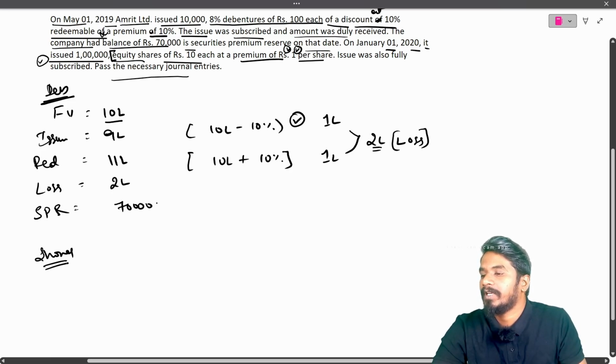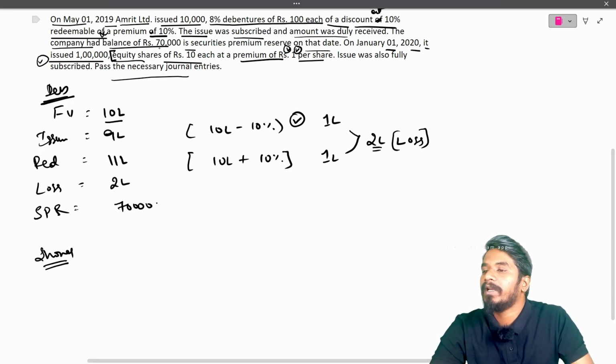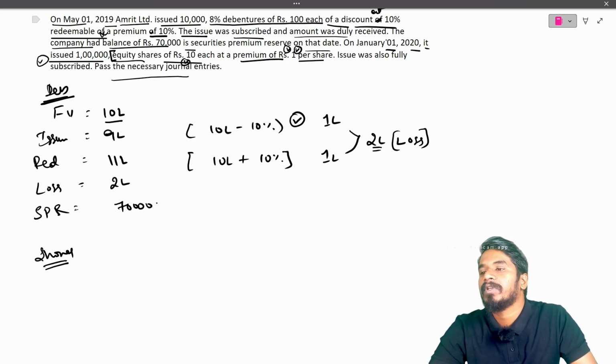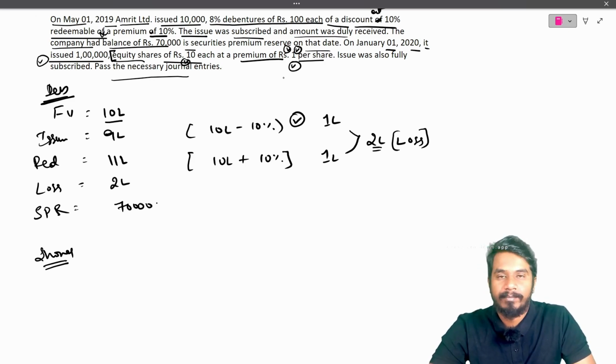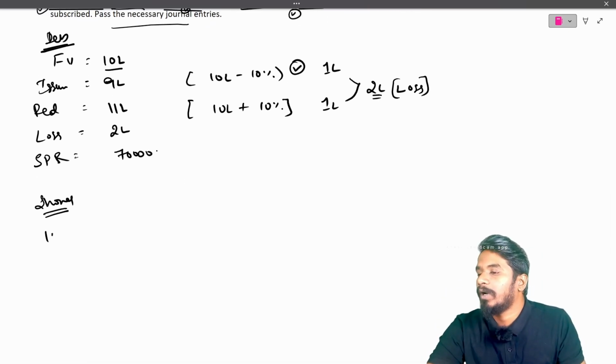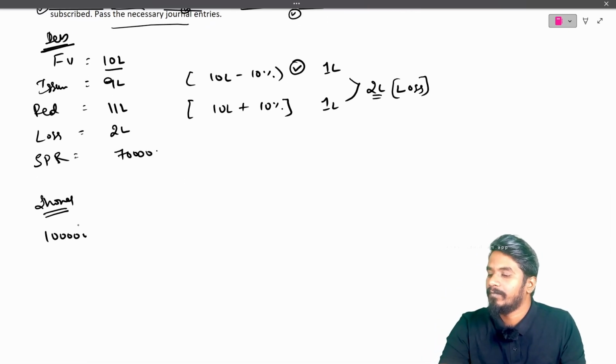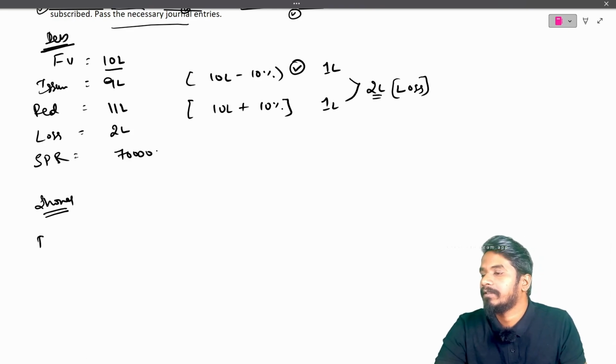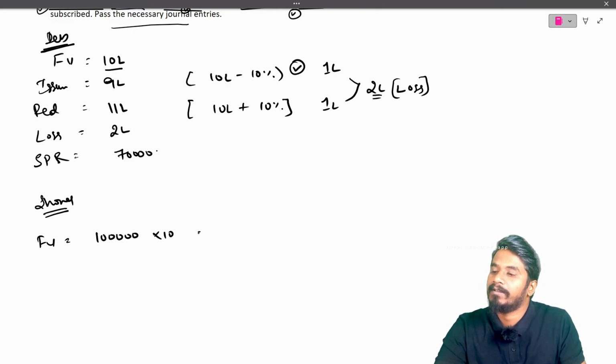Shares. Right. So they are issuing 1 lakh equity shares at 10 rupees each and also 1 rupee extra premium. That means 11 rupees they are issuing. So 1 lakh shares, let me write face value: 1 lakh shares into 10, that is 10 lakh rupees is the face value.